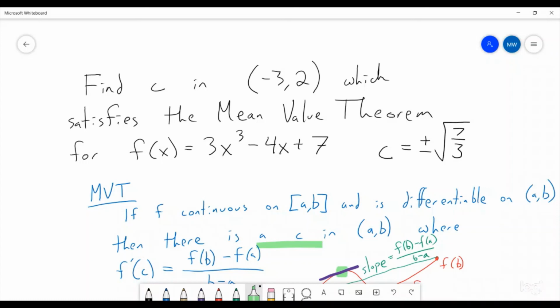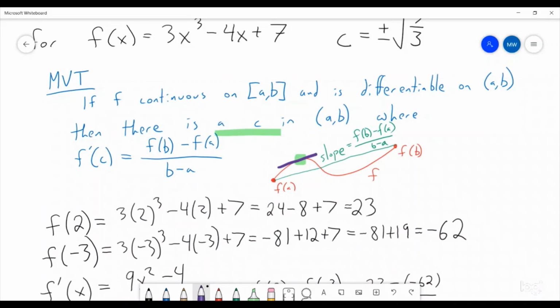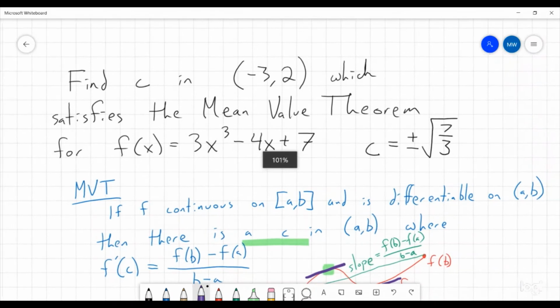So just because we found more than one does not contradict the mean value theorem. Similar to the picture that we drew earlier, there are two different spots where the slope was the same as the slope connecting them, and that is a perfectly fine result for the mean value theorem. It just says there is at least one solution.